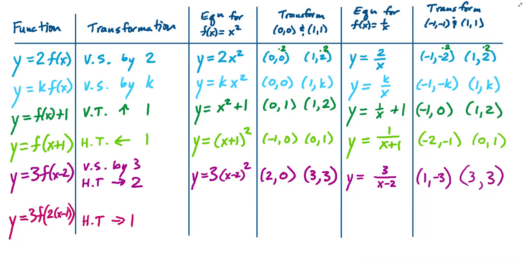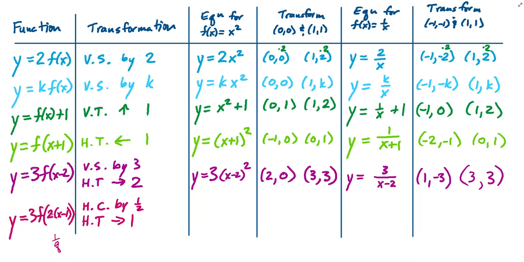What else is happening? We're multiplying x minus 1 by 2. What effect does that have? Well, we have a horizontal compression by a factor of 1/2. Remember, if we use the notation that this is q, for example, it is 1 over q that is multiplying our x-coordinates, not q itself.